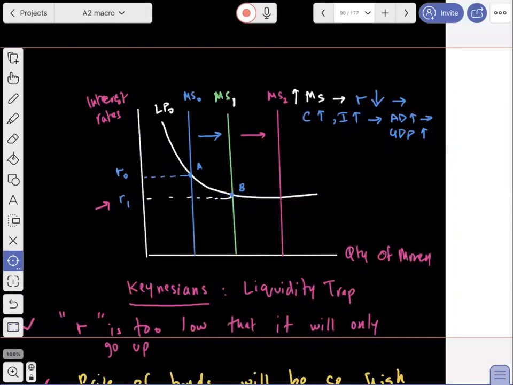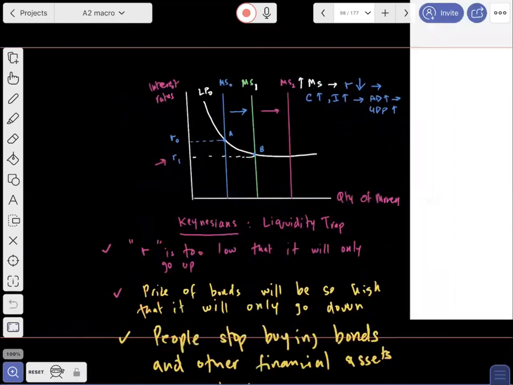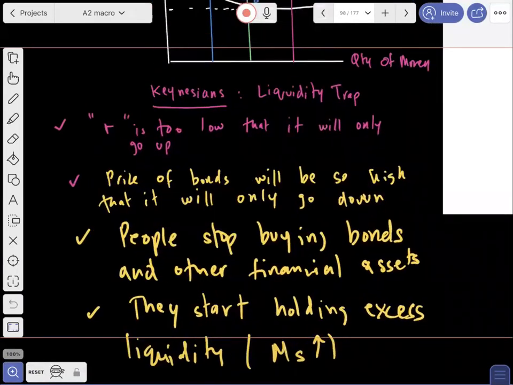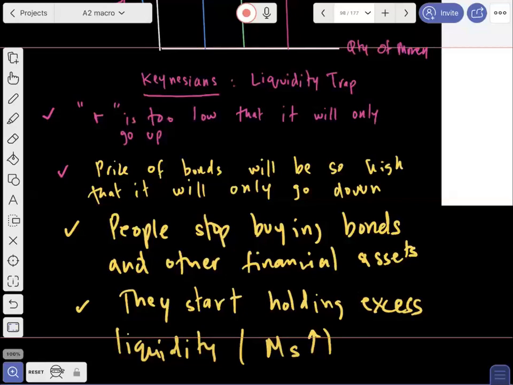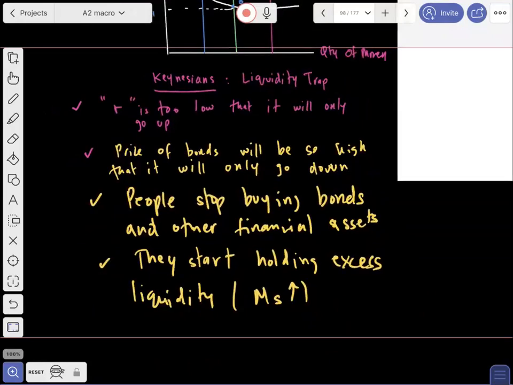And that is basically called liquidity trap. When the interest rates according to people are too low that they can't fall any further, then the price of bonds is too high, it can't rise any further, and as a result people are not buying those bonds or financial assets, and they're holding this excess liquidity, which is basically causing money supply to go up.